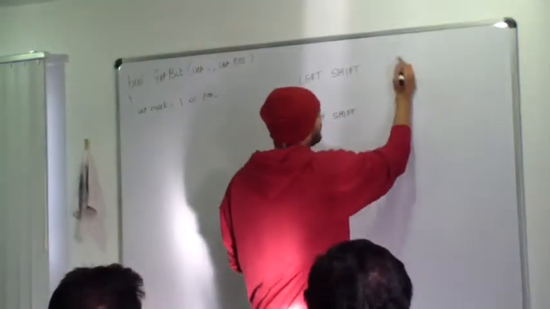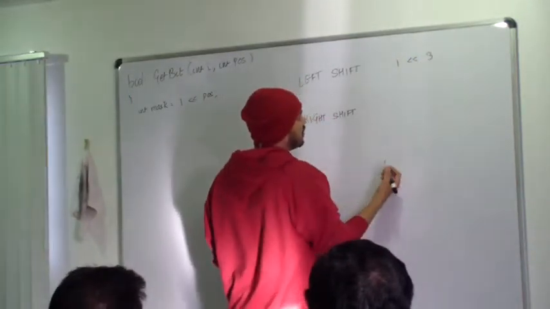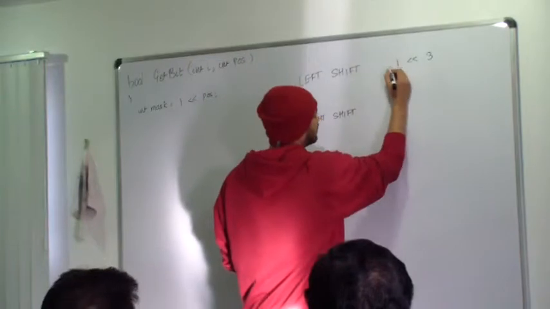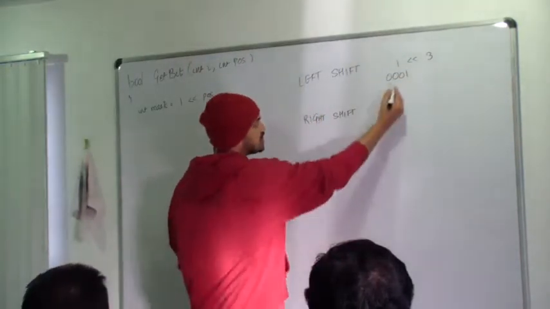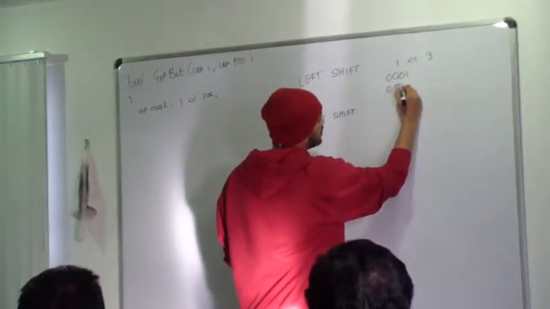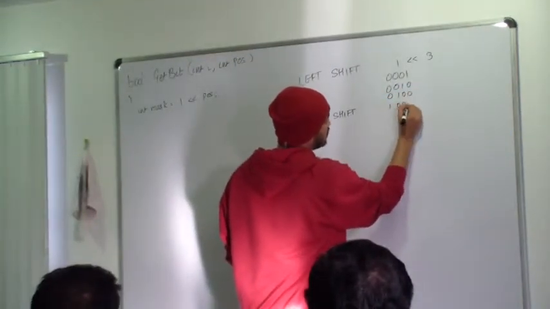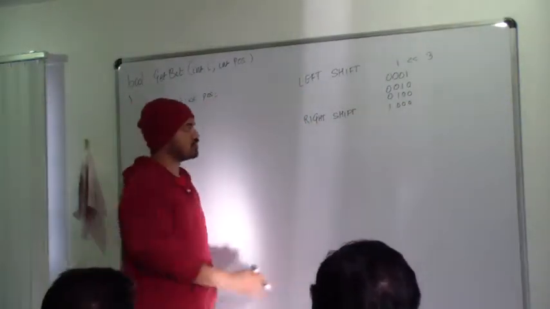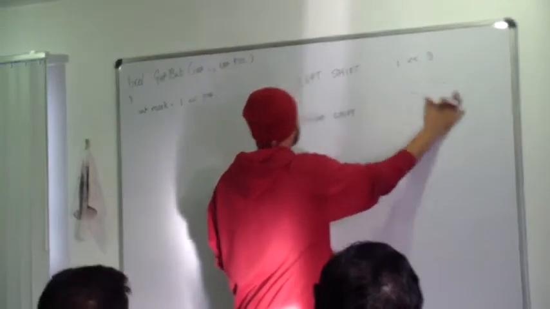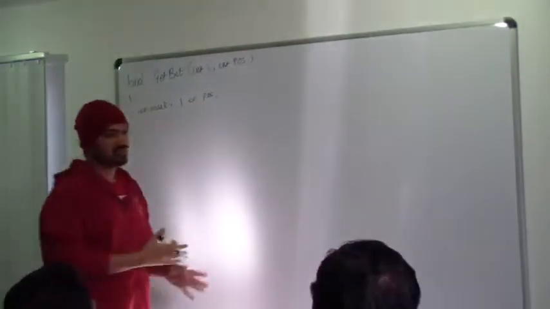So let's say you have one left shift 3 times. What will the value be? So right now this value actually is indicated like this. It shifts 3 times. So this is 1, this is 2, this is 3. Correct? Similarly, right shift, the value will actually shift to the right.